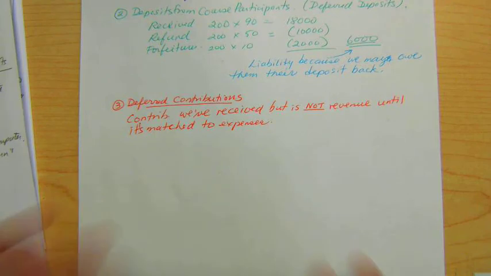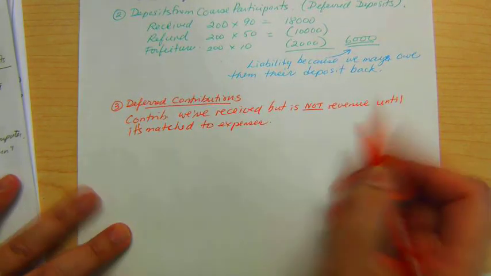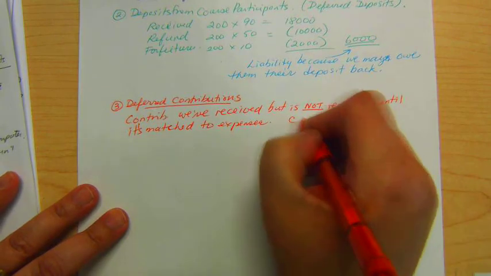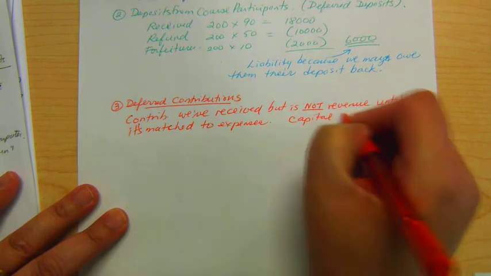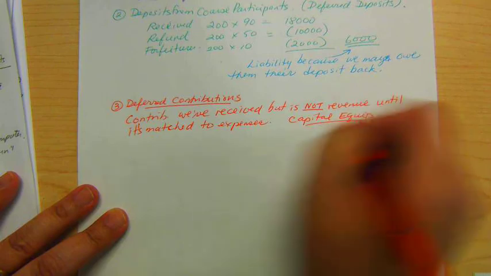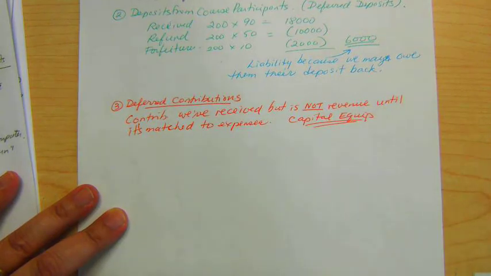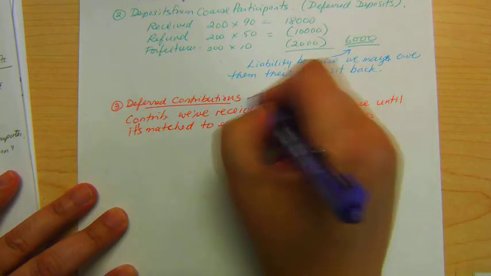That could be a contribution, say for a grant, like in the example in the notes, where we got the United Way grant in one year, but it couldn't be used till next year. Same idea here, okay? And in this case, it's capital equipment. But it doesn't have to be. You can also have it like that United Way grant. I'll just put that here, Sue, if you're looking at it.